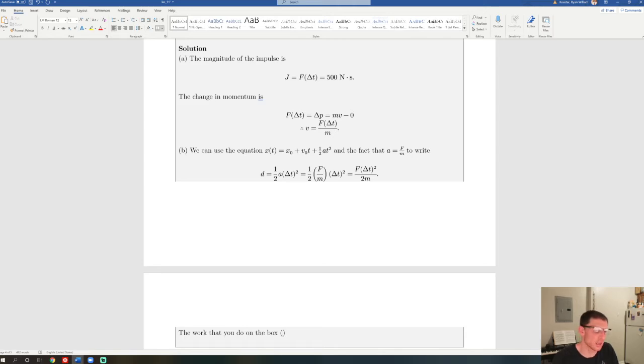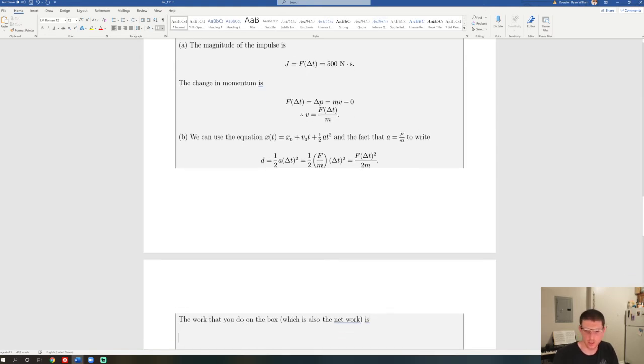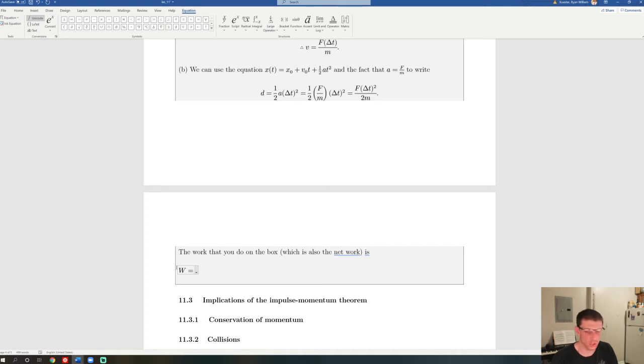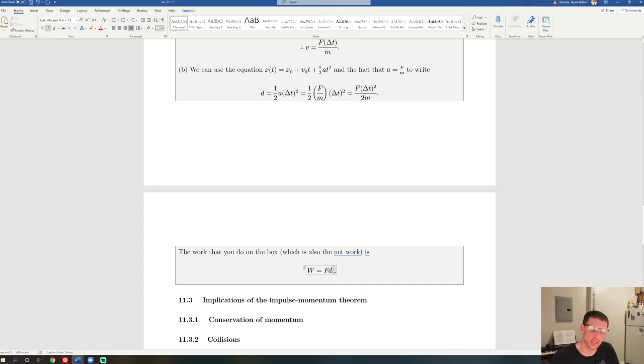We don't have to worry about the cosine or breaking the force into its components, because, as I said before, we're imagining that this is all basically happening in the positive x direction.